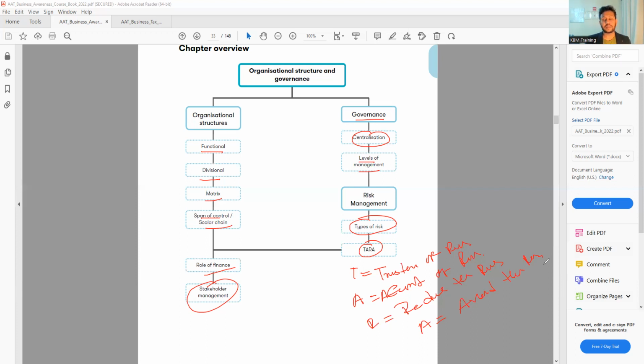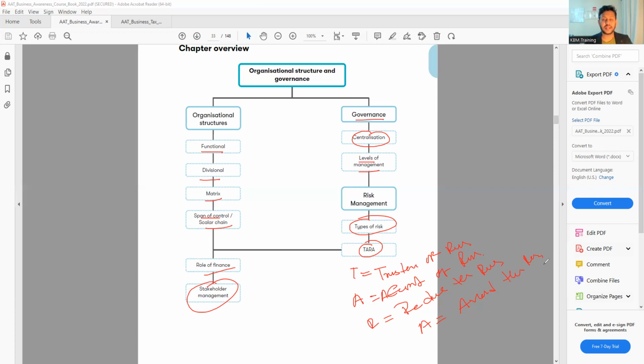Now, for example, because of this risk, if you don't do your business, then you will avoid the risk. The pandemic has happened once in a lifetime. So of course this is a risk, but the chance of it happening is very, very low, and I think this is a risk that we can accept because we cannot do much to avoid this sort of risk. So you can accept the risk.